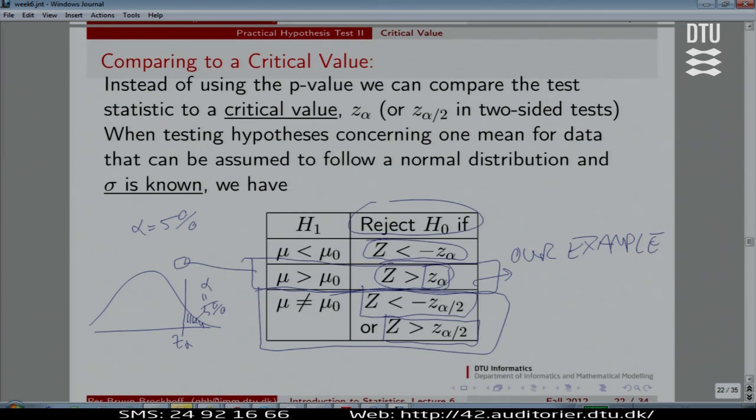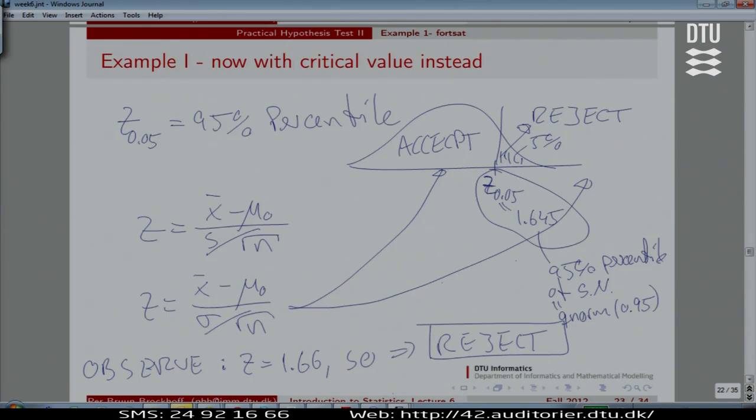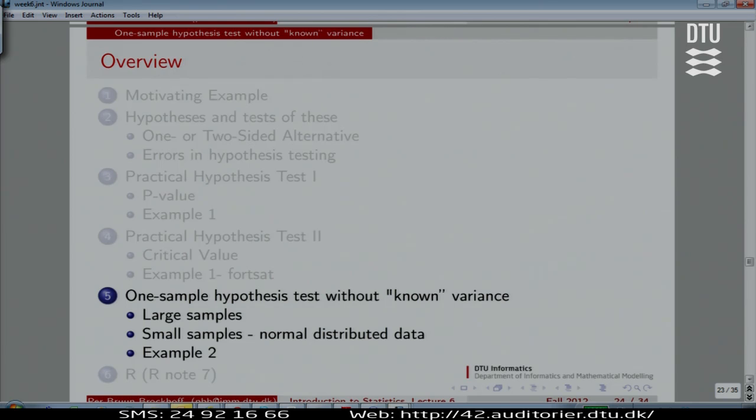So that's the challenge here, that we have three different situations. But the good news is in a given context, we only have one of those coming up to us, right? We just have to decide which one we are in. One-sided right, one-sided left, or two-sided. You cannot decide after the data, you have to decide before you look at the data. This was the practical hypothesis test, the critical value approach.